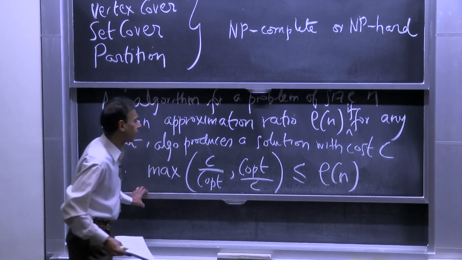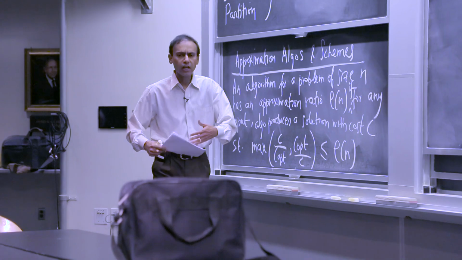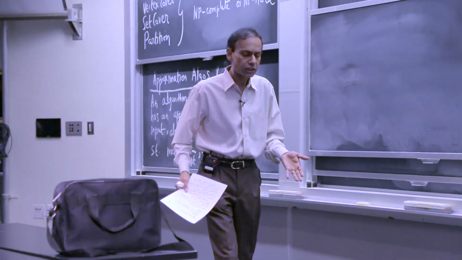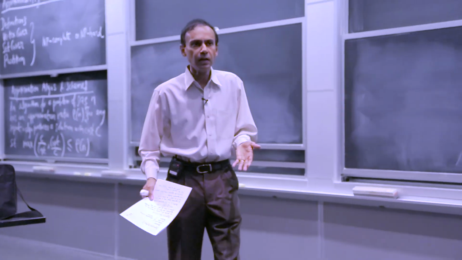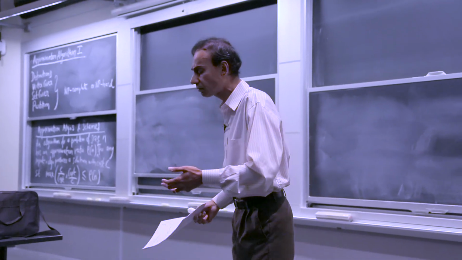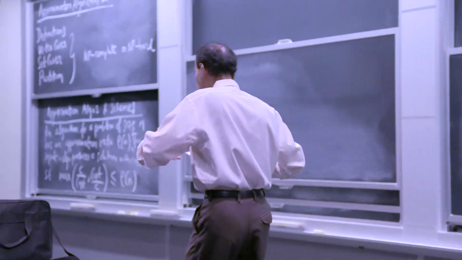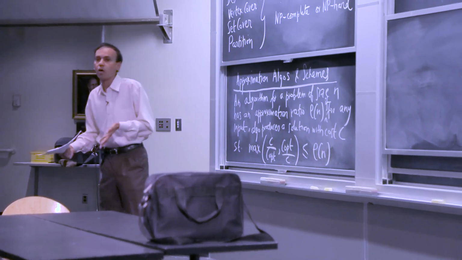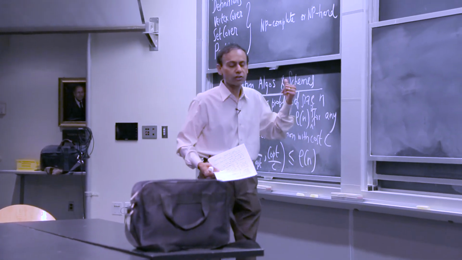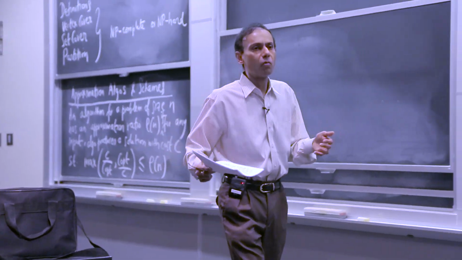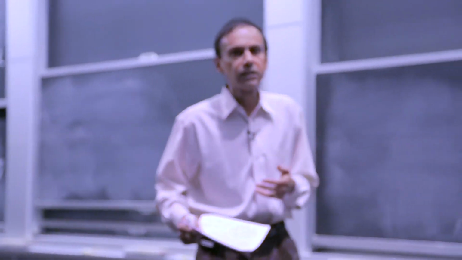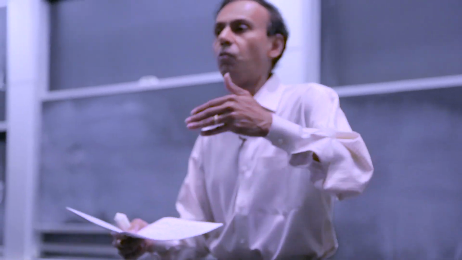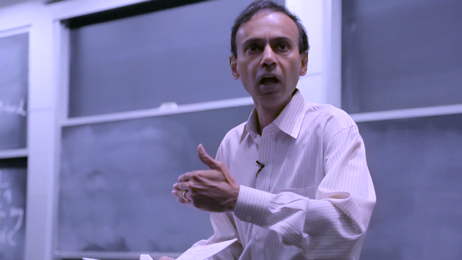And the only reason you have two terms in here is because you haven't said whether it's a minimization problem or a maximization problem. So if it's a minimization problem, you don't want to be too much greater than the minimum. If it's a maximization problem, you don't want to be too much smaller than the maximum. And so you just stick those two things in there, and you don't worry about whether it's min or max in terms of the objective function, and you want it to be at a particular ratio. Okay?